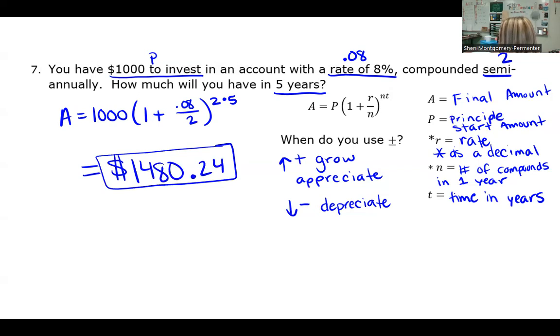What is a fraction? Make sure that you type in 0.08 and not 0.8. So I can help anybody type this in. I'll come around and I'll help you check to make sure you type it in. Yes.